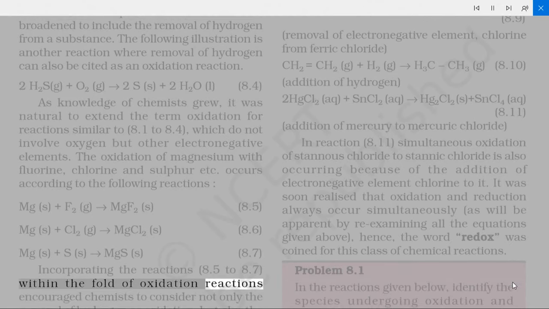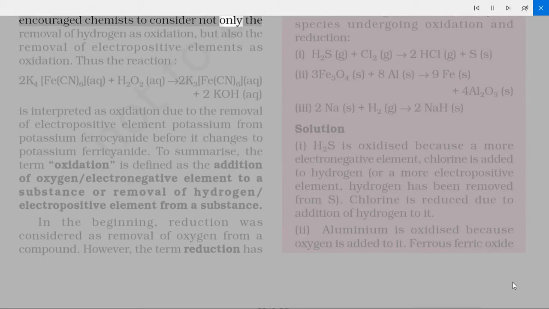Incorporating the reactions 8.5 to 8.7 within the fold of oxidation reactions encouraged chemists to consider not only the removal of hydrogen as oxidation, but also the removal of electropositive elements as oxidation. Thus the reaction 2K4[Fe(CN)6](aq) + H2O2(aq) → 2K3[Fe(CN)6](aq) + 2KOH(aq) is interpreted as oxidation due to the removal of electropositive element potassium from potassium ferrocyanide before it changes to potassium ferricyanide.